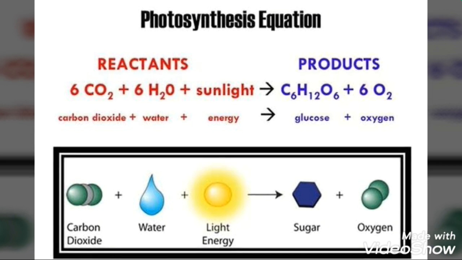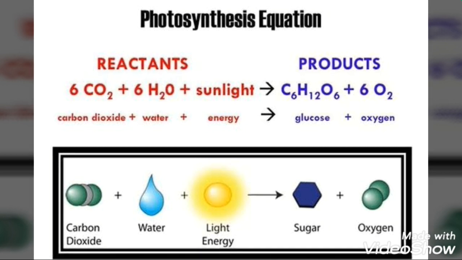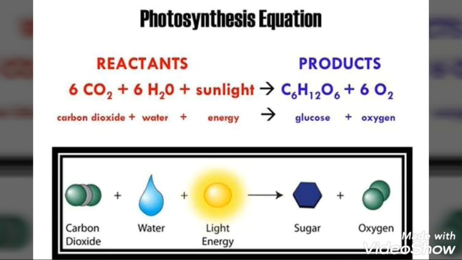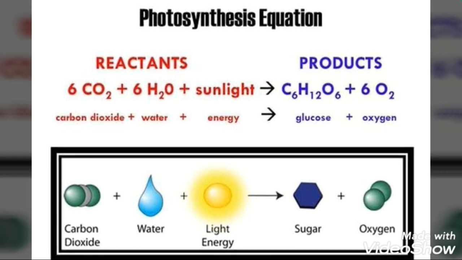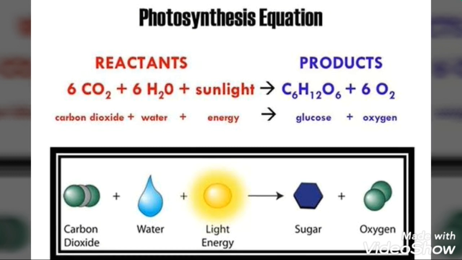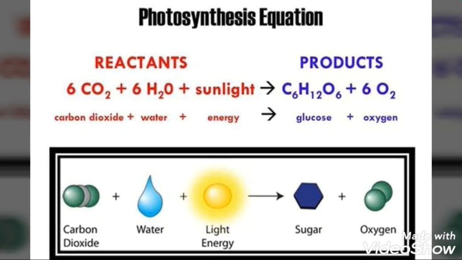Second step is photolysis, breaking down the water into hydrogen and oxygen, and oxygen as a byproduct will come out from the leaves, while hydrogen is used for the reduction. Then the third step is the reduction of carbon dioxide into glucose. So this is the process of photosynthesis.